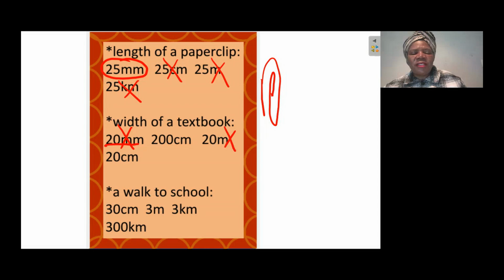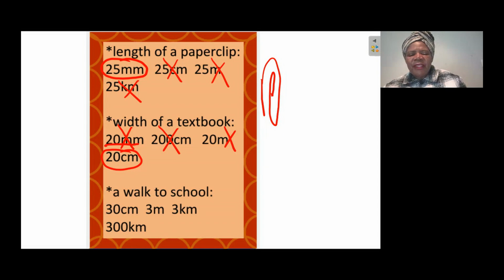Oh, this is too much. We cannot have a book which is 20 meters, right? And 200 centimeters. If you take your ruler, it means 30 centimeters. To make 200, we need 6 of them plus 20 centimeters. This is out. So the width of a textbook can be 20 centimeters.